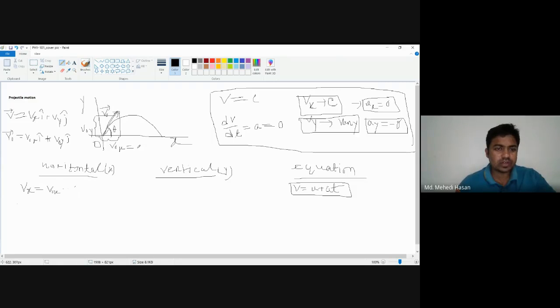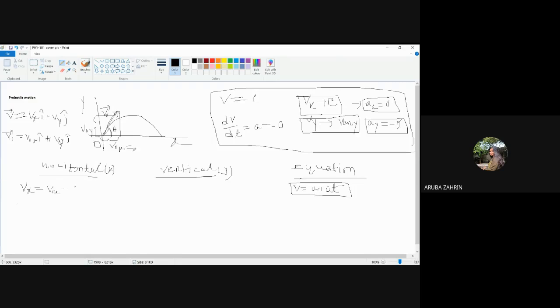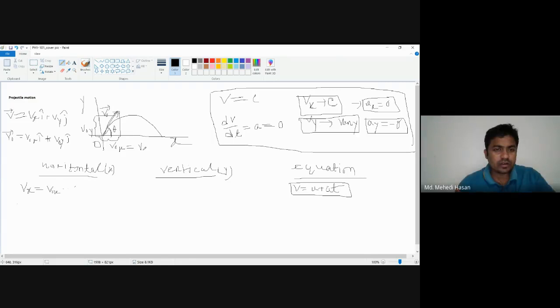If we consider this value with the angle, particularly the relation with sine and cosine, v naught x equal to what here? Anyone? V naught cos theta.